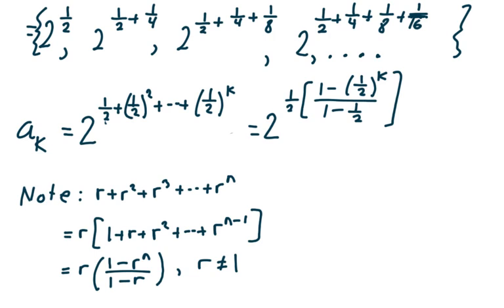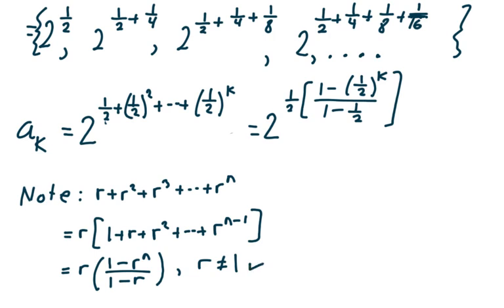If we look at r plus r squared plus r cubed all the way through until r to the n, that can be written as r times the quantity 1 plus r squared all the way through until r to the n minus 1. But we can write this as r times the quantity 1 minus r to the n divided by 1 minus r.